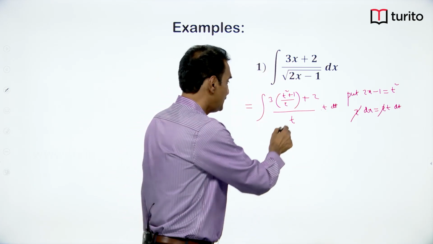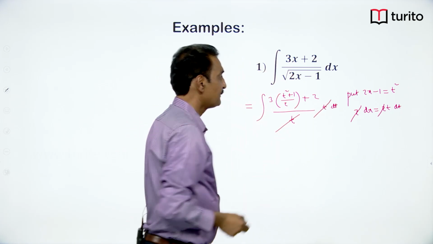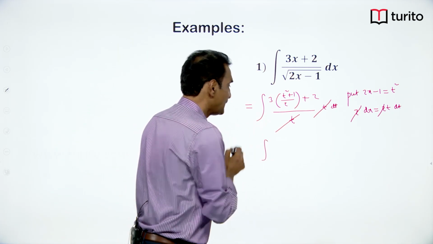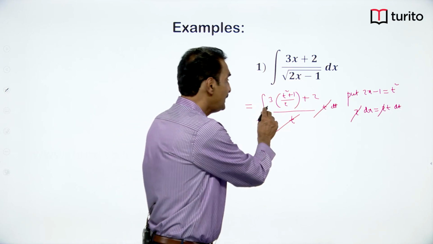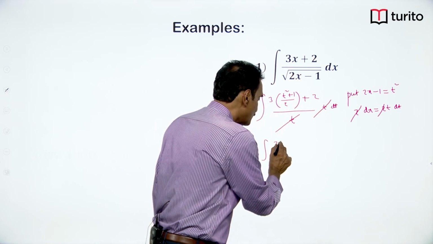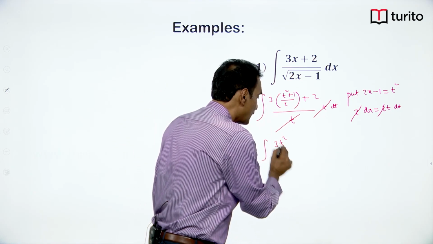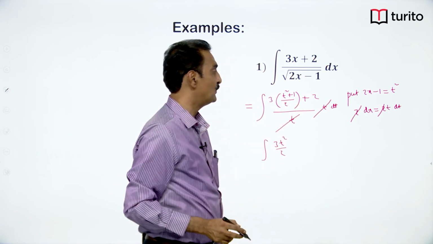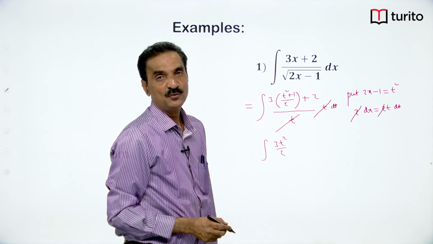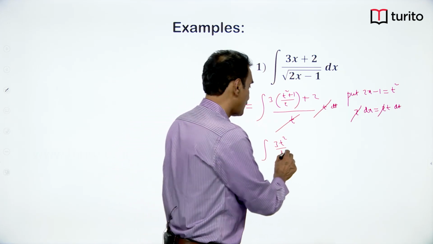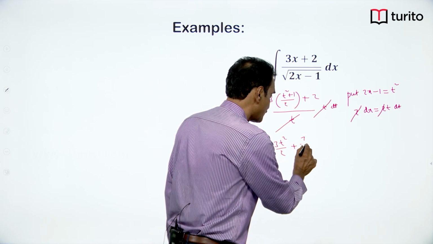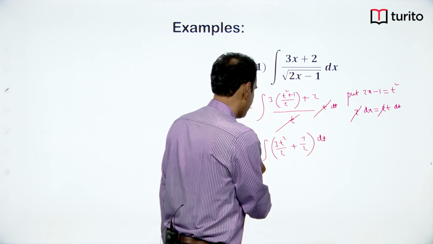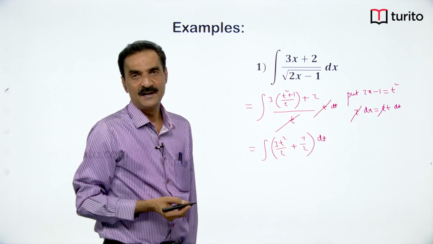Simplify it. t cancels. What is the remaining? Integral (3t²/2 + 3/2 + 2) dt. What is 3/2 + 2? 7/2. Now integrate it.